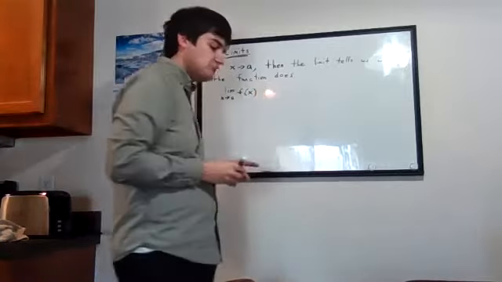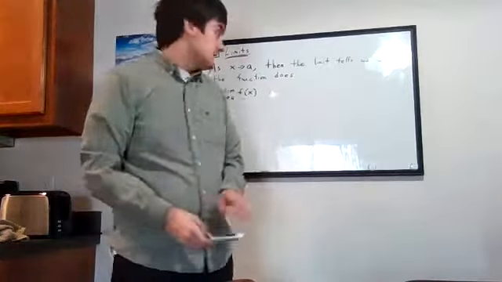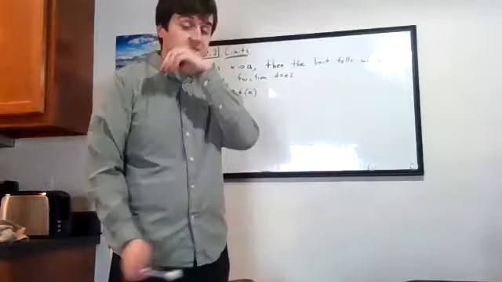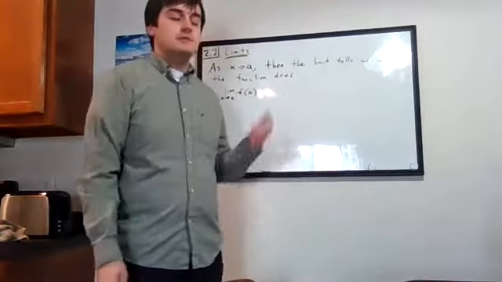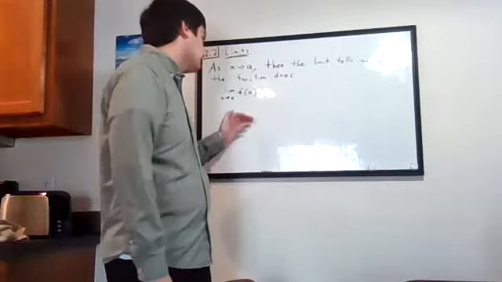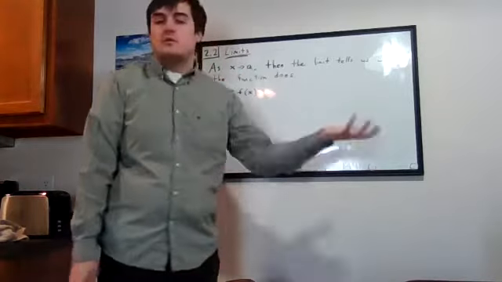Now, it's not true that this always is going to be a value, right? We saw in the last few examples that the limits that we did always had a specific value attached to them, but that's not always the case.